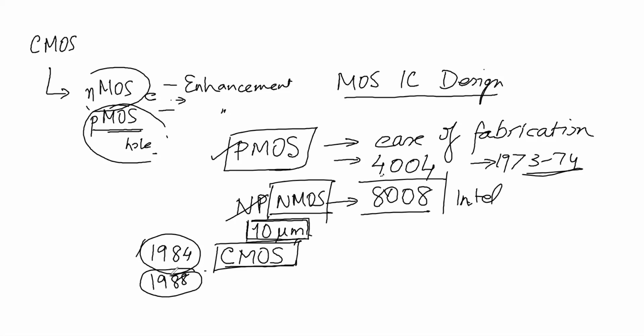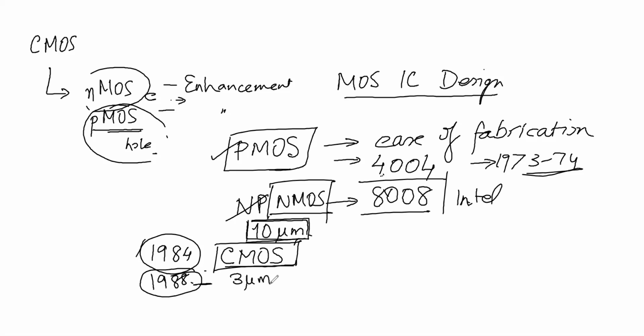And I did test one NMOS technology chip, but all the chips which I designed and got fabricated were using CMOS technology. And by this time, the CMOS technology was established. And around this time, it was still 3 micrometer technology.